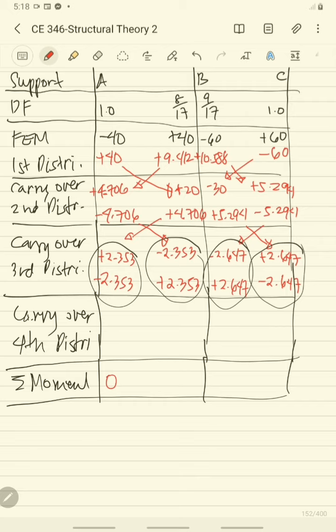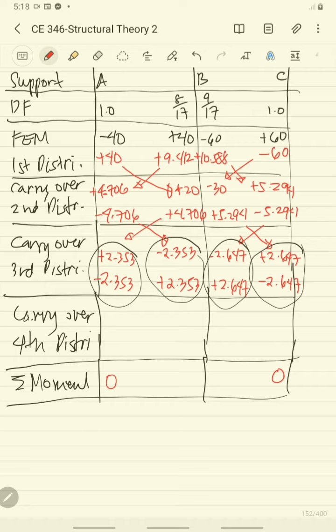We know that the pin or hinge support doesn't have a moment. So the moment there is equal to 0. For the roller also, the moment is equal to 0. So we have to check. We have positive 60 minus 60 plus 5.294 minus 5.294 plus 2.647 minus 2.647. That is also equal to 0.